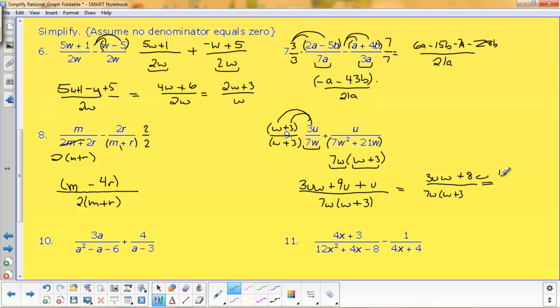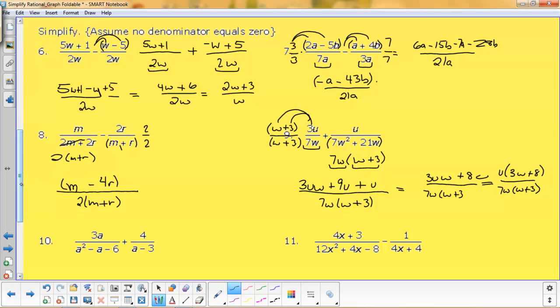So I'm going to rewrite it as u times 3w plus 8 divided by 7w times w plus 3. That's my simplified form because there's nothing identical that will cancel out. And that is the final form of my problem.